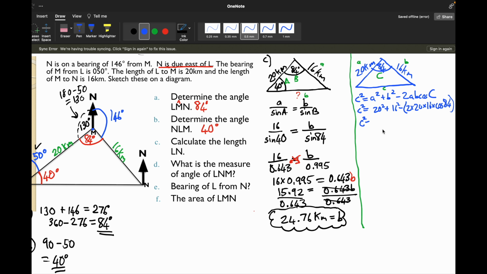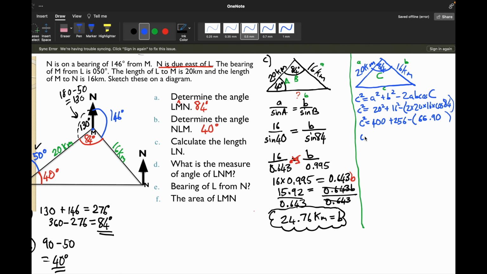All right. So 20 squared is 400 plus 16 squared. What's 16 squared? 256. So 256 minus, if I put this in the calculator, 2 times 20 times 16 times cosine 84 is going to give me 66.9. All right.